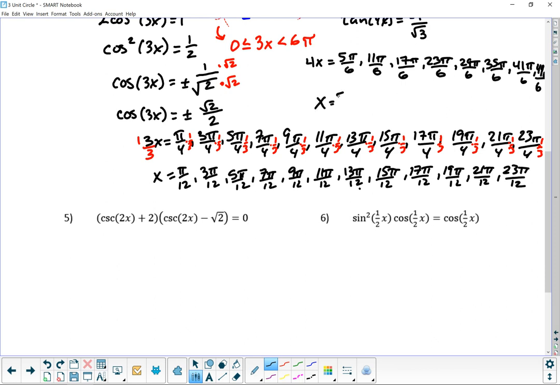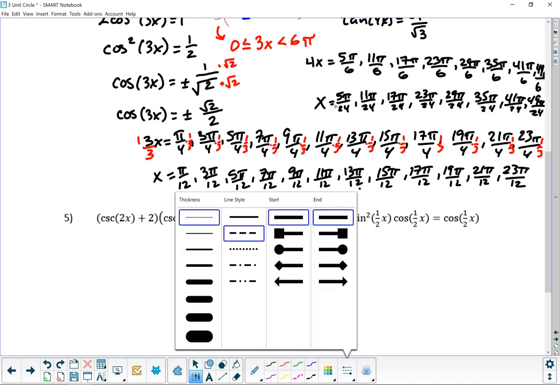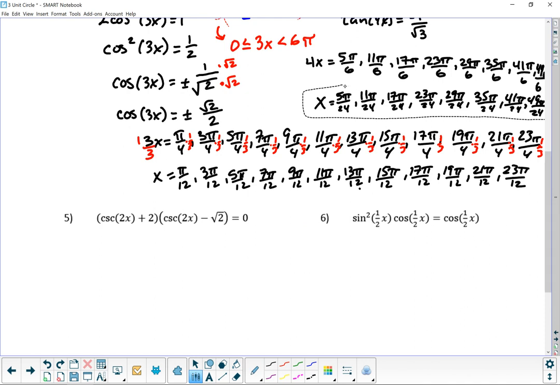And my answer would be 5 pi over 24, 11 pi over 24, 17 pi over 24, 23 pi over 24, 29 pi over 24, 35 pi over 24, 41 pi over 24, and 49 pi over 24. Okay, so that is my answer for number 4.